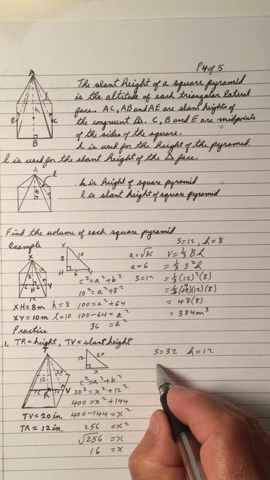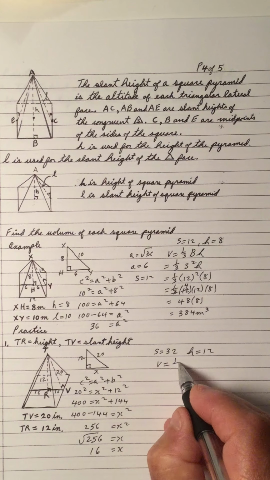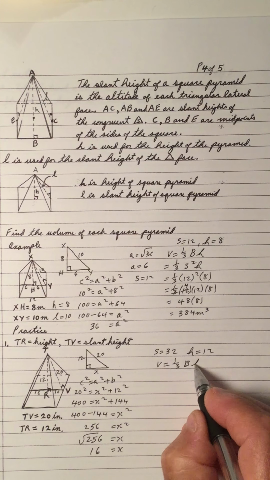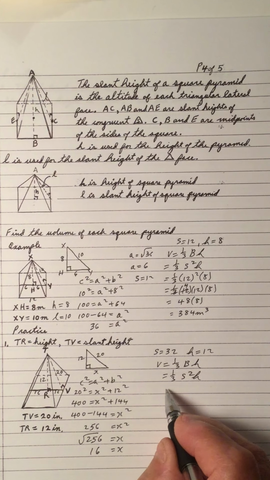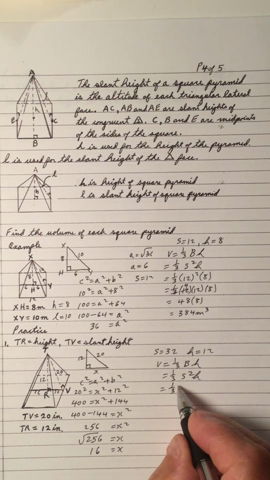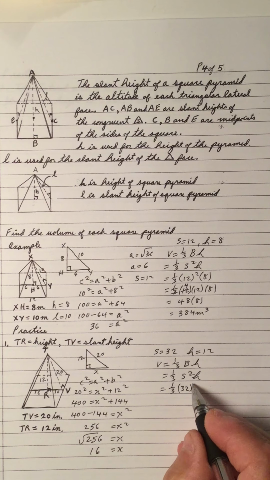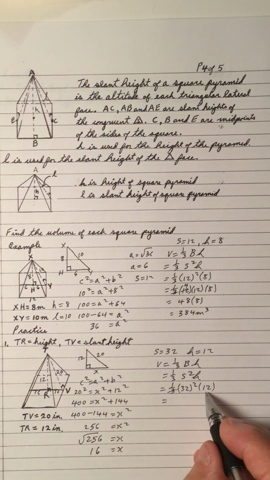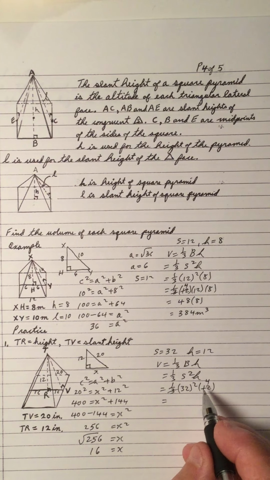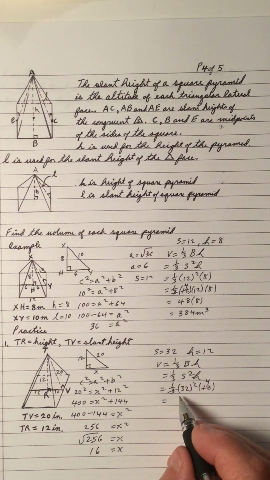So we're now ready to do the volume. 1/3 base area times height. The base area is S squared, times H, so it's 1/3 of S, which is 32 squared times 12. And 3 into 12 goes 4, so we have 32 squared times 4, which works out to be, you could square this first if you want, don't have to.